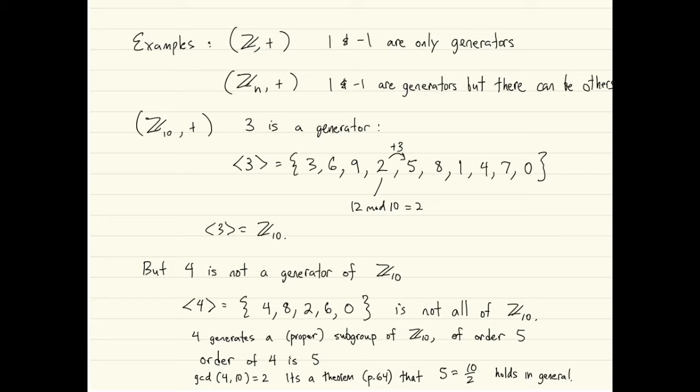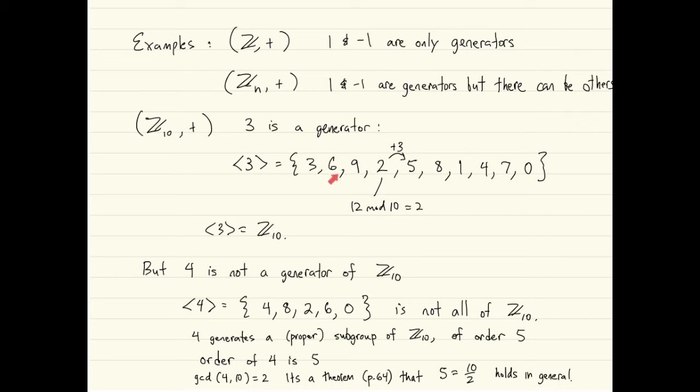Let's see an example. So let's take a concrete example where n is equal to 10. Then Z mod 10Z, or Z10, is the numbers from 0 through 9, and I'm claiming that 3 is a generator. So what is the subgroup generated by 3? Well, the group operation is addition, so we just have to add 3 to itself a bunch of times.